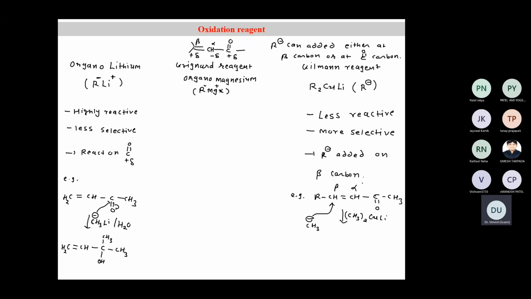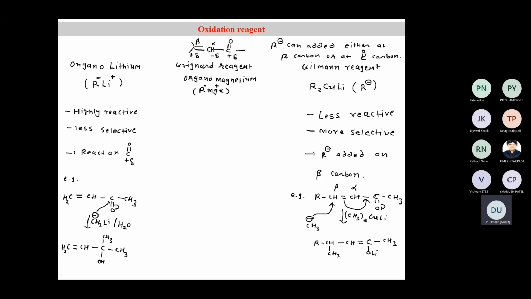So the double bond comes to here, and you get this intermediate, RCH...OLi. In the next step you can do hydrolysis followed by tautomerism.